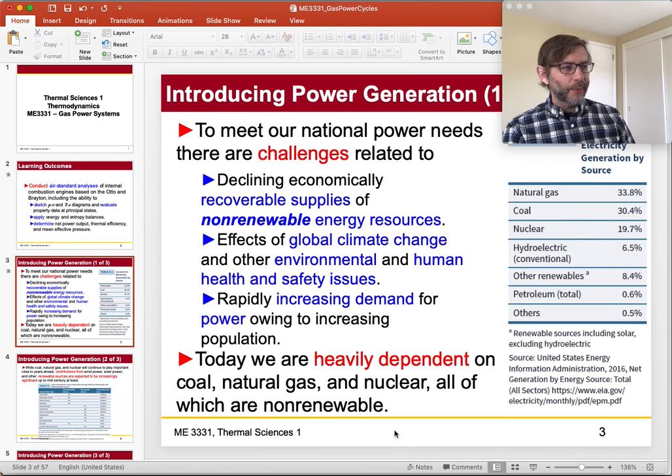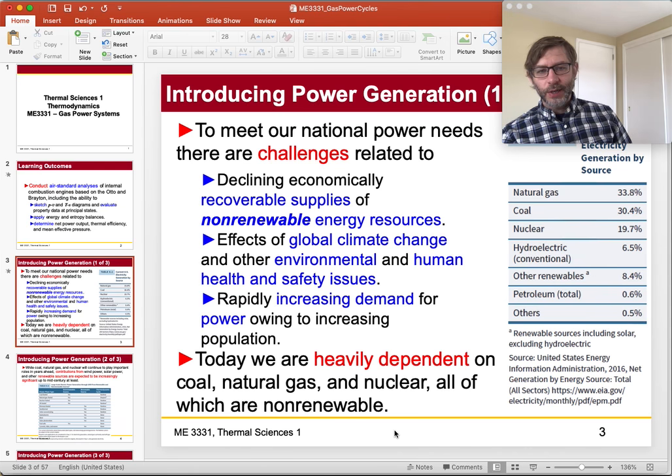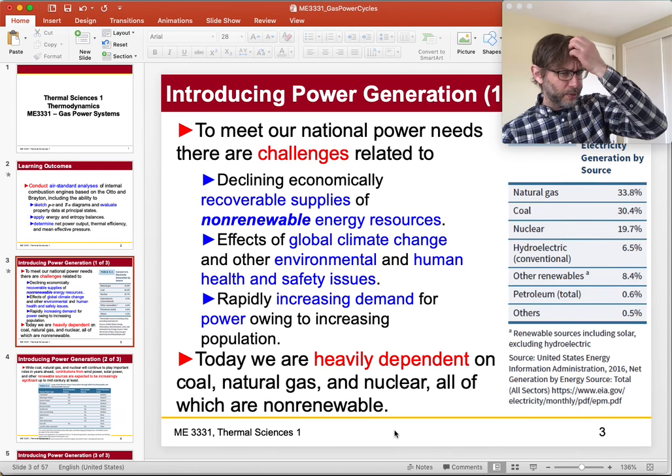We already talked a bit about this introduction stuff. There are ways to meet our national power needs, challenges related to declining availability of energy or fuels. These days, that doesn't seem to be happening. But the effects of global climate change are certainly a major concern.